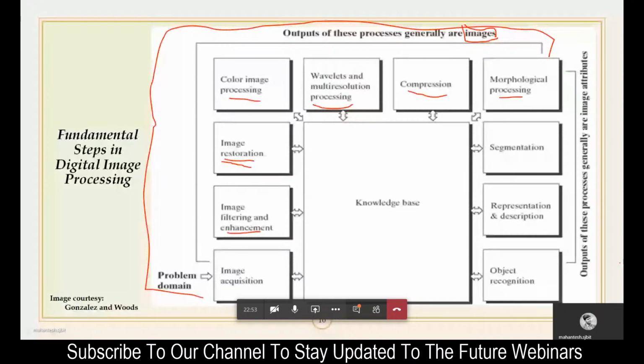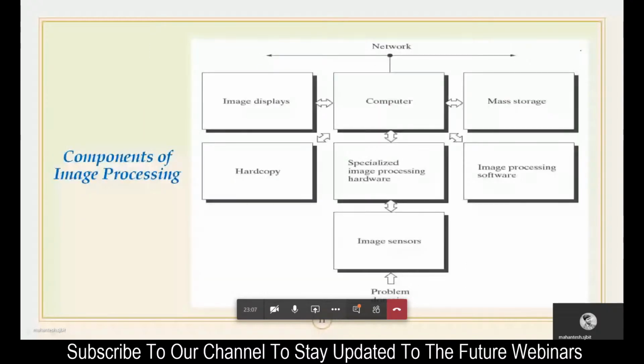After this, we have components of image processing. An image processing system is the combination of different elements involved in digital image processing by means of a digital computer. Here we have image sensors. Image sensors sense the intensity, amplitude in the first stage.